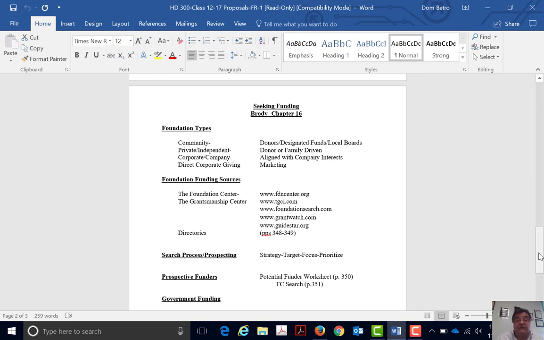Corporate or company foundations, which are just like it sounds, come from company interests that want to fund activities that they feel are near and dear to maybe what their company made money in, specialized in, and so forth. And then you have direct corporate giving, which is more the marketing side.